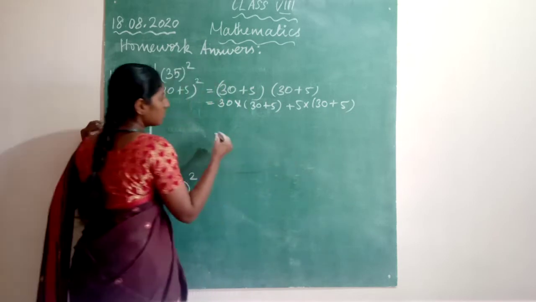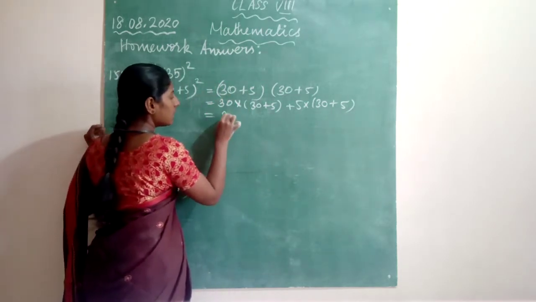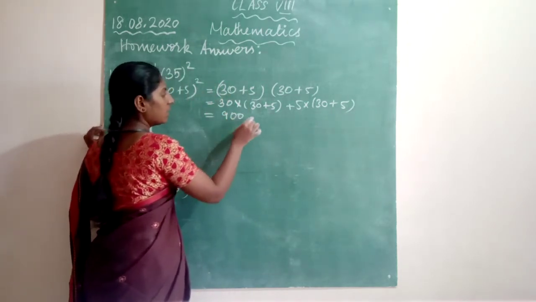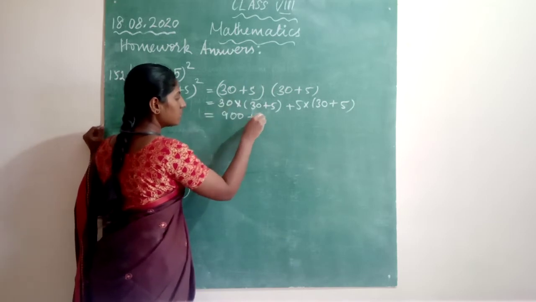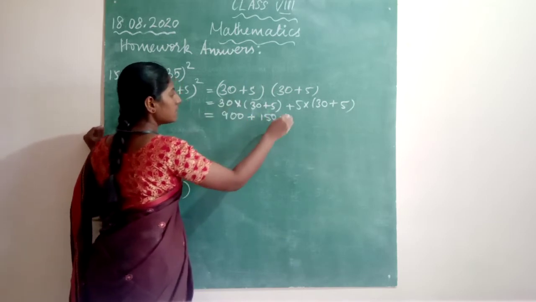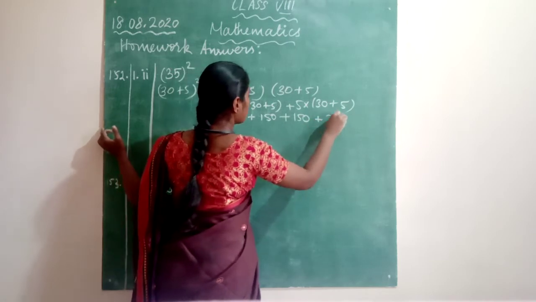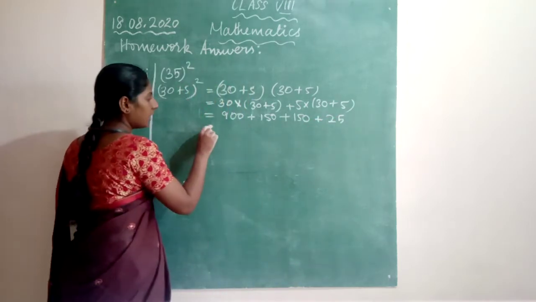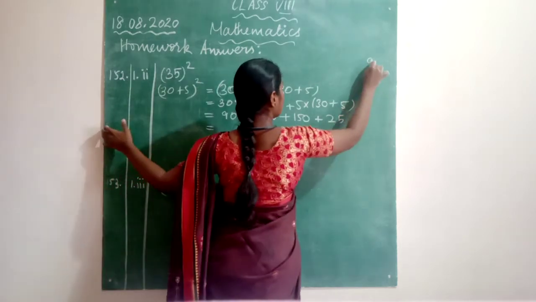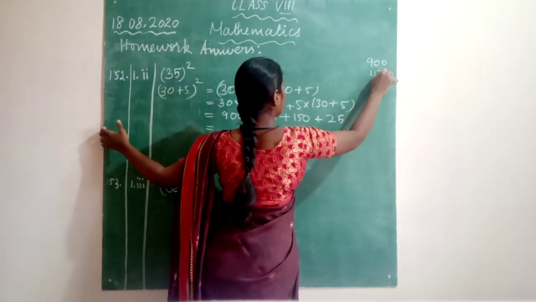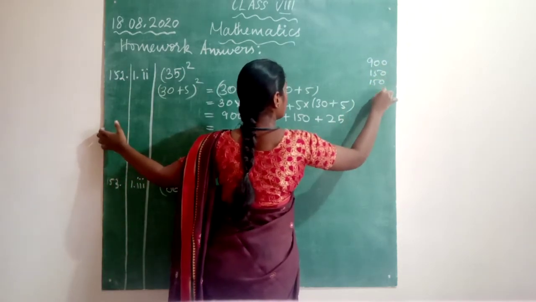Okay, so you will have 3 3s are 9, so 900, plus 30 into 5 is 150, plus 150, plus 5 5s are 25. Okay, so you have to add 900, 150, 150 and 25.